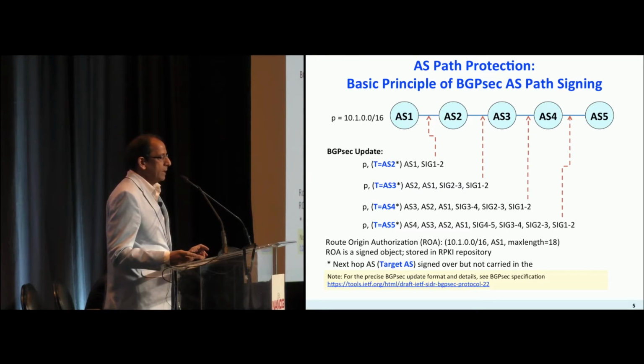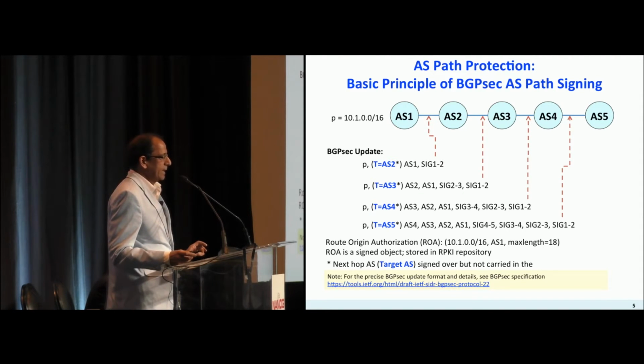So by the time this update makes its way to AS5 at the right-hand end, AS5 has 4 signatures to verify in order to validate the path. And it can also look up the ROA information to validate the origin. So it can do both origin validation and path validation.